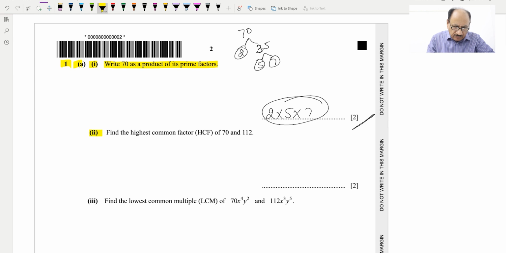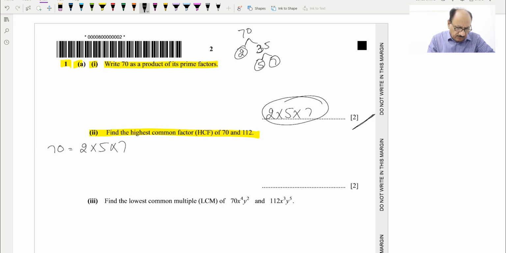Next, second part, find the highest common factor HCF of 70 and 112. So 70 we have already prime factorized, that is 2 into 5 into 7.